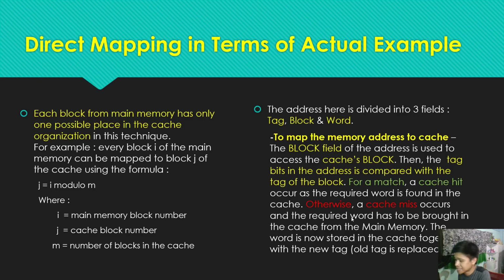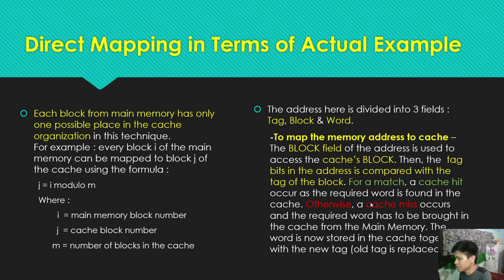So the word is now stored in the cache together with the new tag, wherein the old tag is being replaced. So in here, if there is a match, then it's a cache hit. Otherwise, if it's not in there, then it's a cache miss. Okay, so this is actually the main problem.